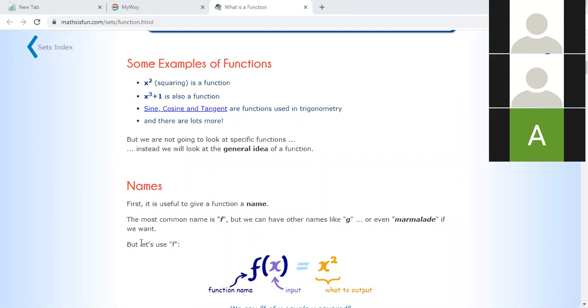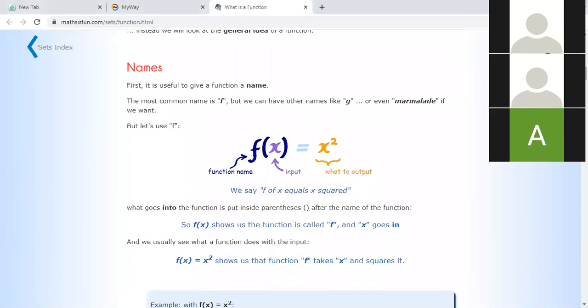Name. First, it is useful to give a function a name. Class, this is very important. We first have to mention the function by a name. Let's suppose function of x. On the left hand side we will write f of x. f of x means function name, and x is the input, equal to x square, which is our output.